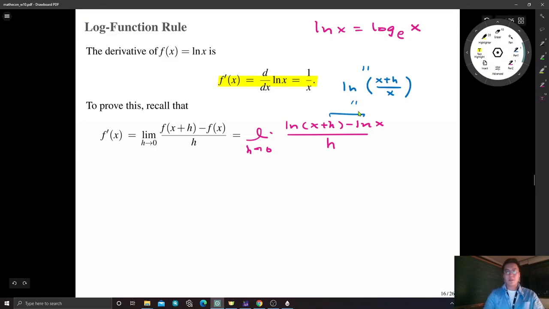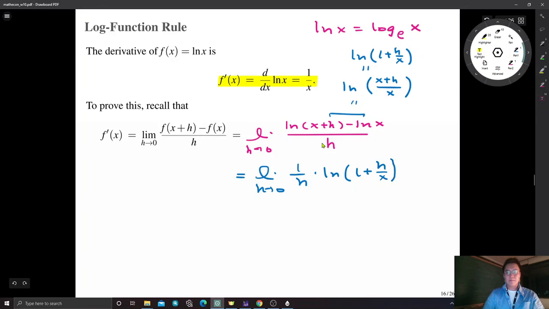So this is equal to ln of x over x, that is 1, plus h over x. And then let me separate numerator and denominator, to rewrite this limit as 1 over h times ln of 1 plus h over x.